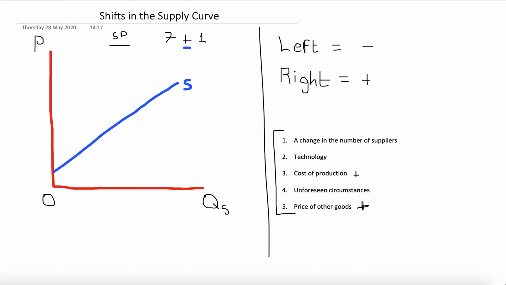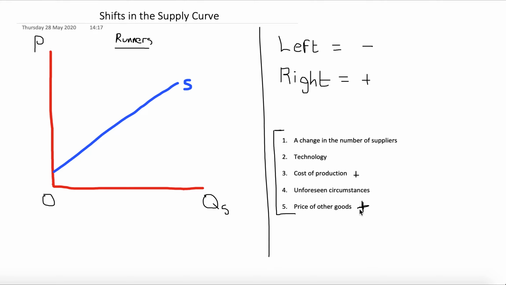The price of other goods. And this is similar goods. Okay, so let's suppose we are no longer producing soda or soft drinks or whatever you want to call it, and let's say we're producing runners or sneakers. So runners. I'm gonna stick to what I call them, but for anyone out here not from Ireland, runners are sneakers. Okay, so we produce runners, and let's say the price of shoes increases.